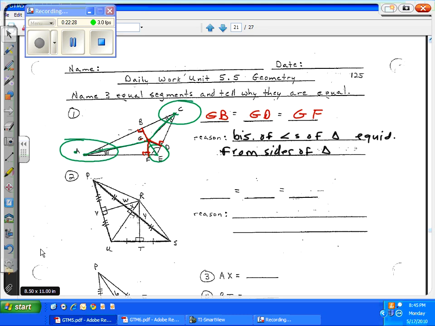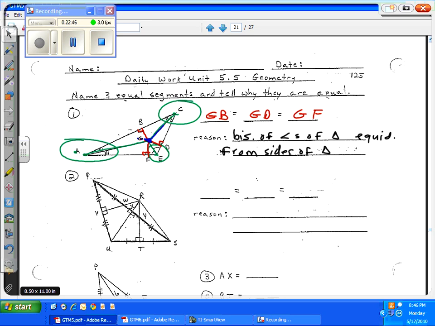That point, and you didn't have to say this, is called the incenter.